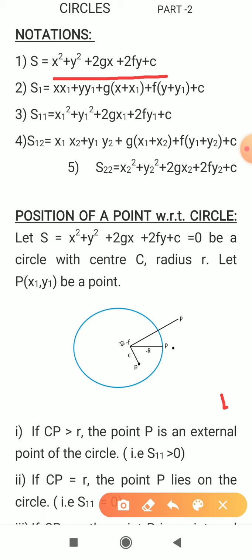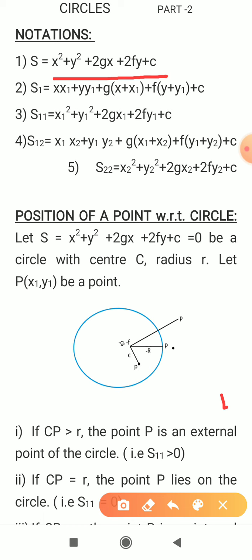Once again, the general equation of the circle has x square, which is x into x, and for one x we put x1. For y square, y into y, for one y we put y1.